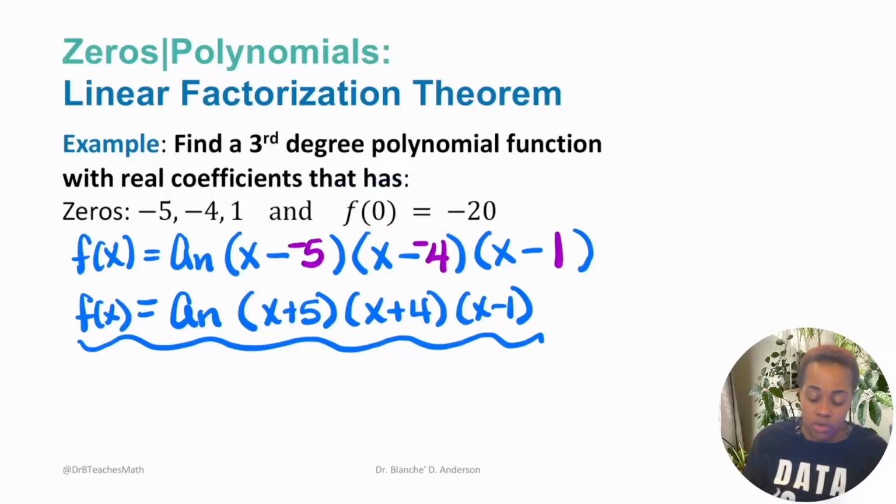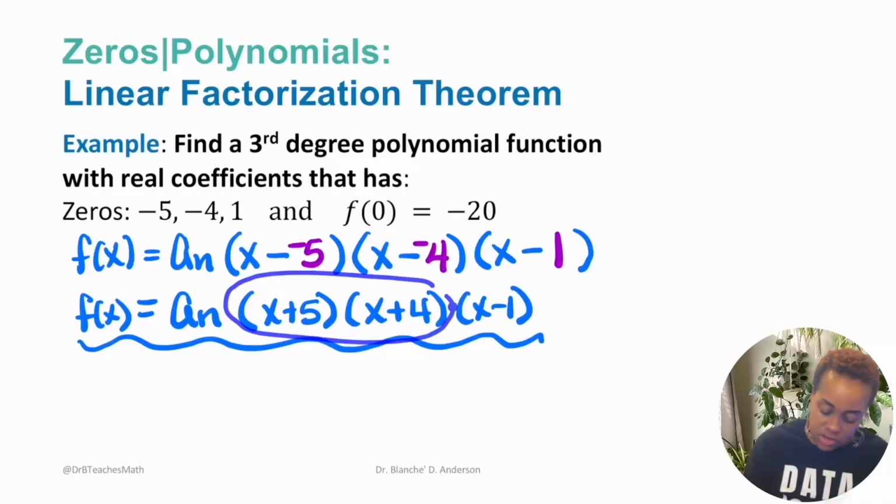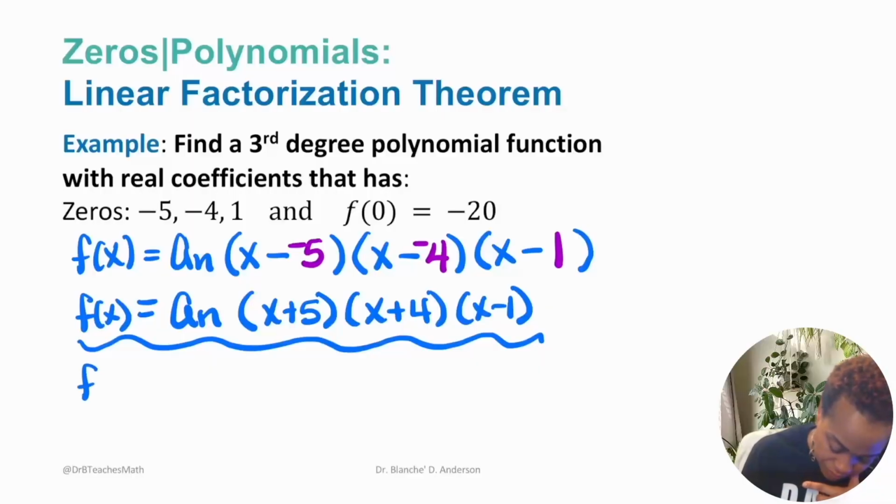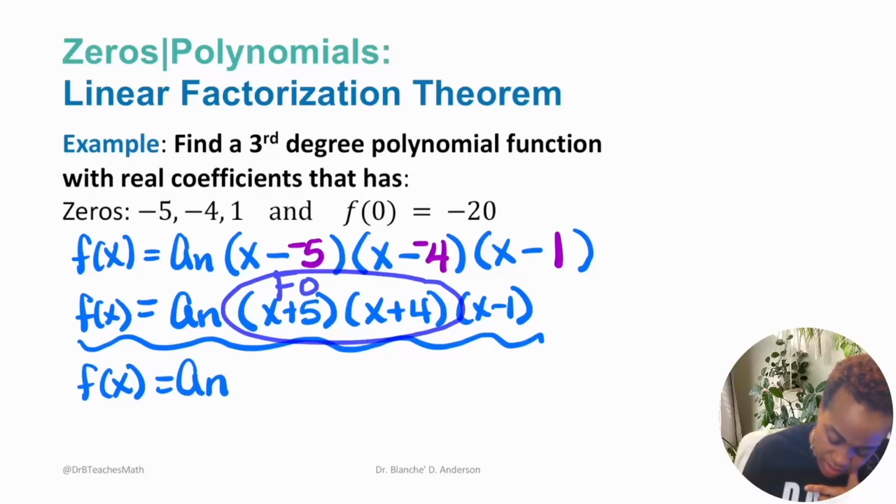But before we even do that, let's see if we can get this smaller. We can multiply all these together, right? So multiply these two first, and then multiply x minus 1 to all of that. Okay, so let me keep going. I'm going to multiply these two first. I'm going to do FOIL, okay?